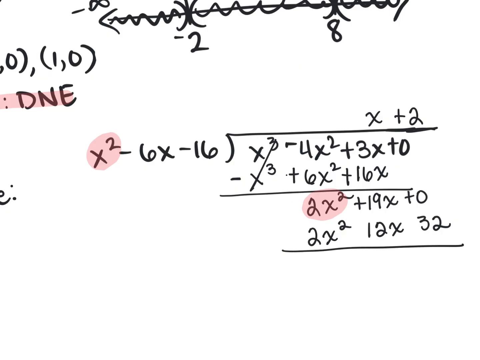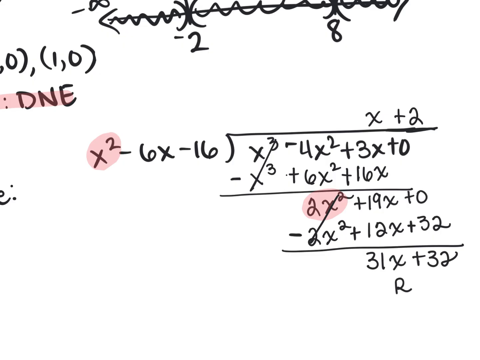So again, the first one is positive, this one's negative, and this one's negative, but then I have to subtract. So I multiply this one by a negative, this one by a negative, and this one by a negative. So the 2x squareds are gone. 19 plus 12 gives me 31x, and then 0 plus 32 is 32.